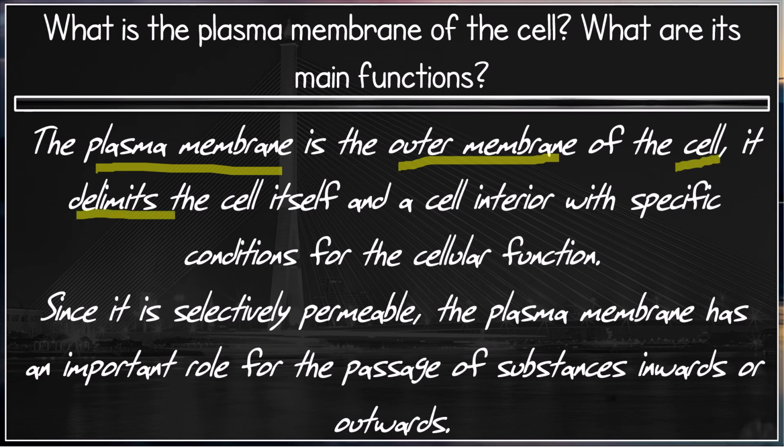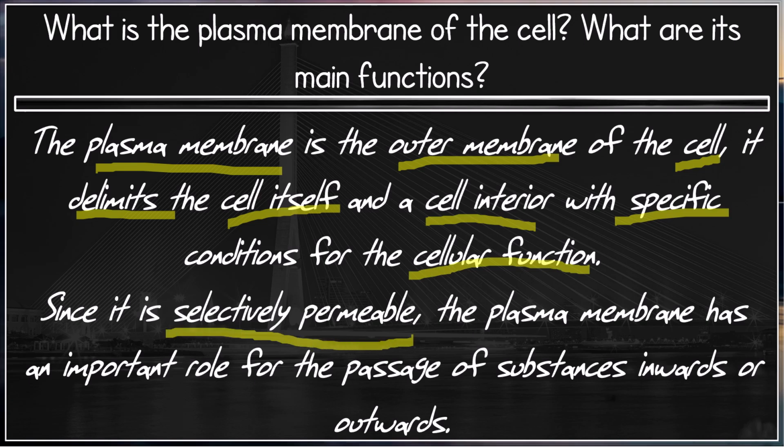It delimits the cell itself, creating a cell interior with specific conditions for the cellular function. Since it is selectively permeable, the plasma membrane has an important role in the passage of substances inwards or outwards.